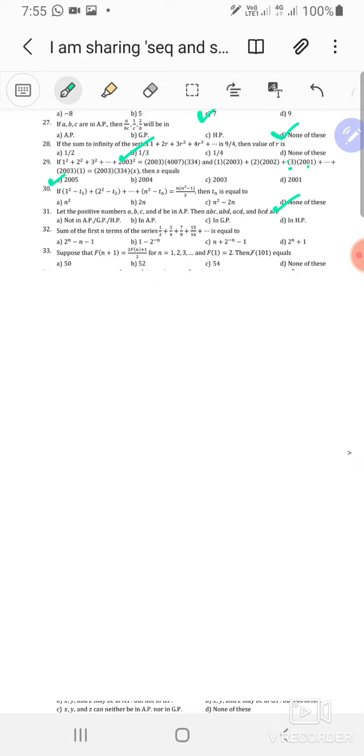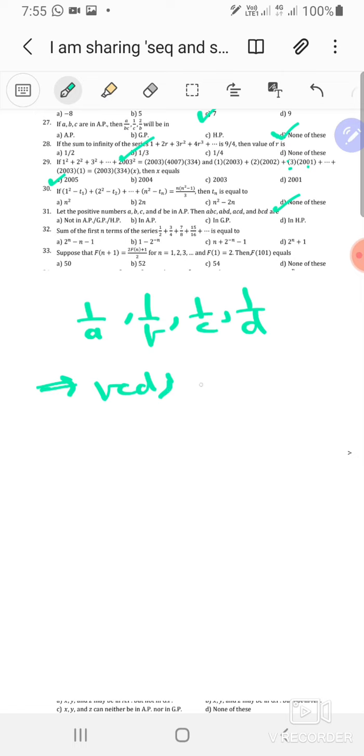And I think that these are going to be in a harmonic progression, because we know that 1/a, 1/b, 1/c and 1/d are in a harmonic progression. That pretty much means that if I multiply these terms by abcd, that will give me bcd, and then acd, and then abd, and abc.